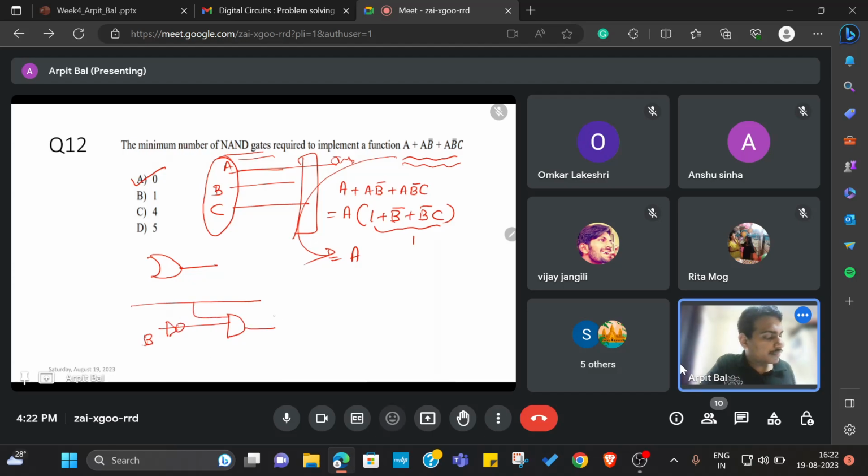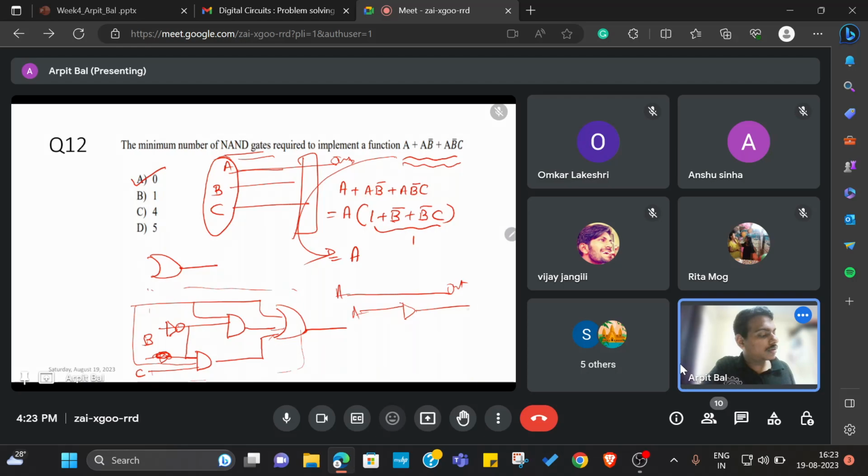Okay, let us assume you have a 3 input OR gate available with you, and for this one you have A, okay, we already have a B bar, we have A, let's say we have another C. Okay, so this huge thing can be replaced with only a wire or a buffer which connects A to the output, right?